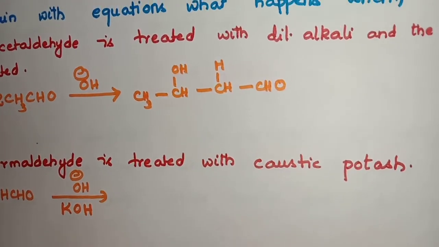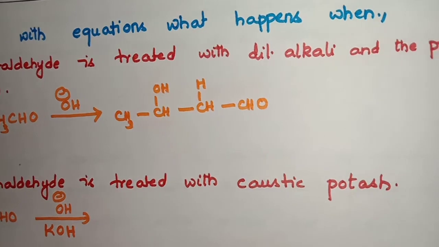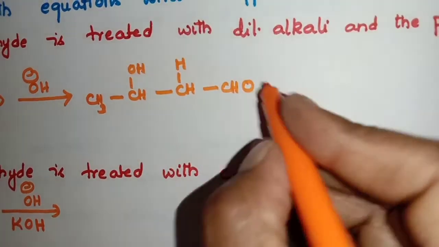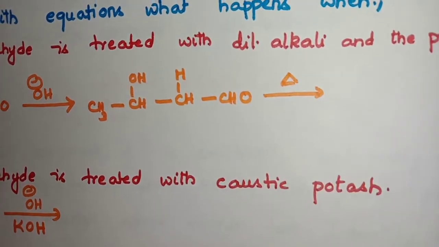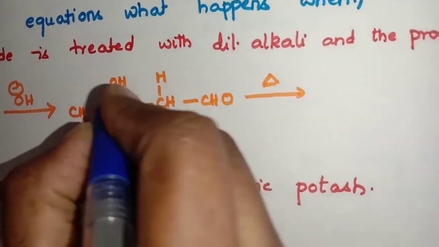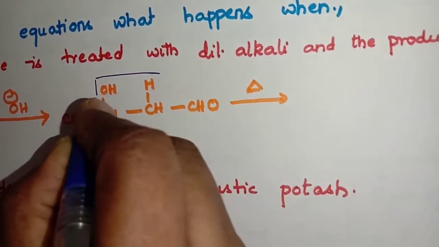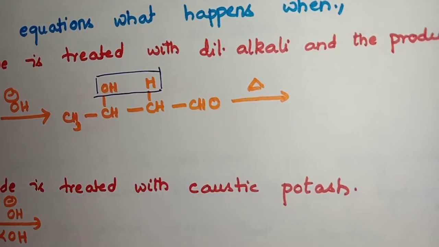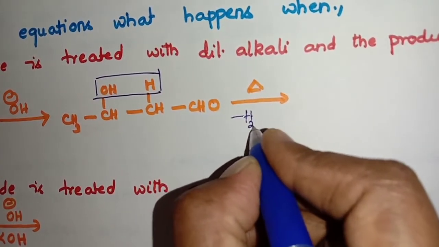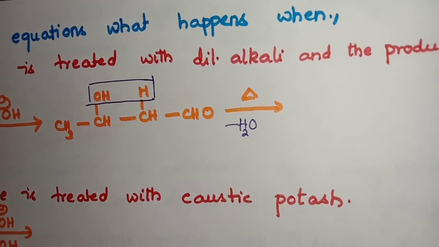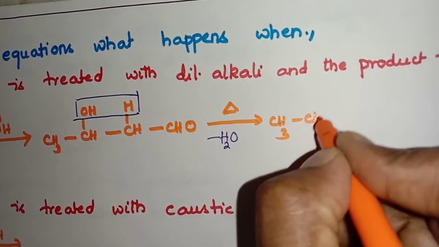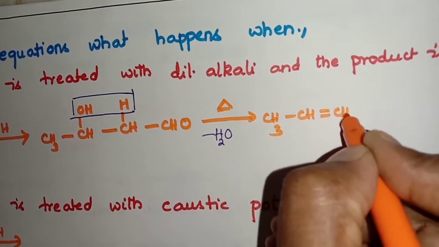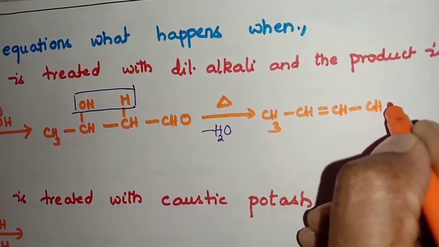Now, the product is heated. What happens when this product is heated? When it is heated, a water molecule is removed, minus H2O, finally leading to the formation of CH3CH=CHCHO.